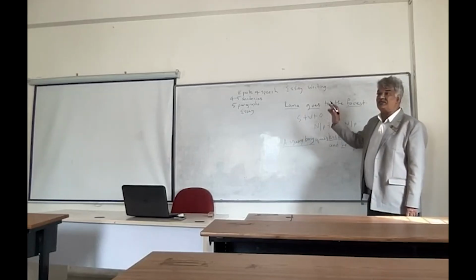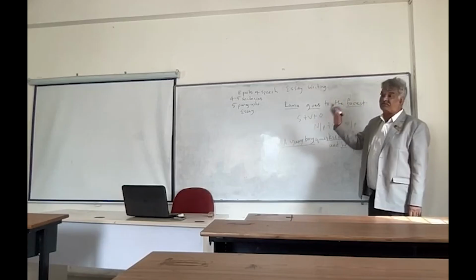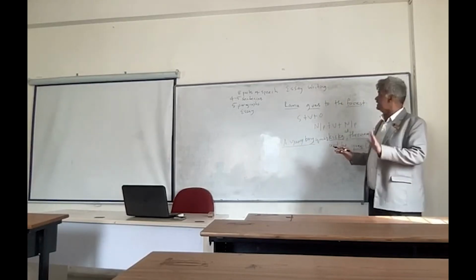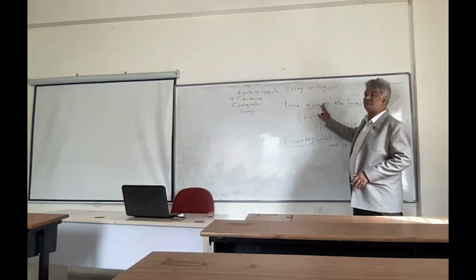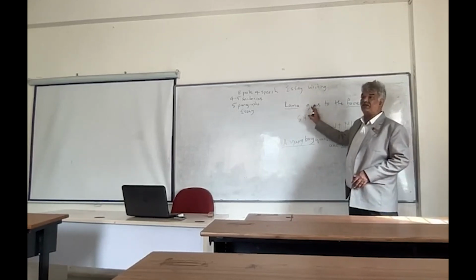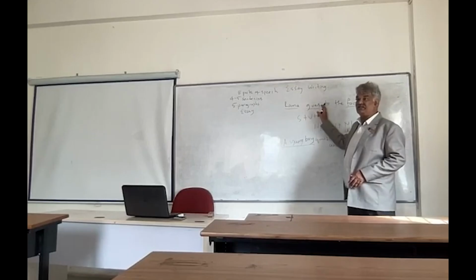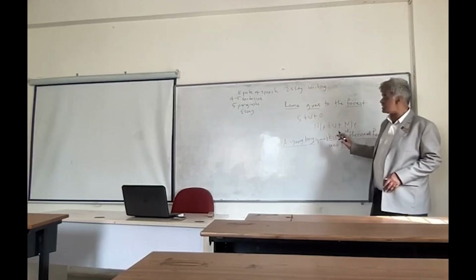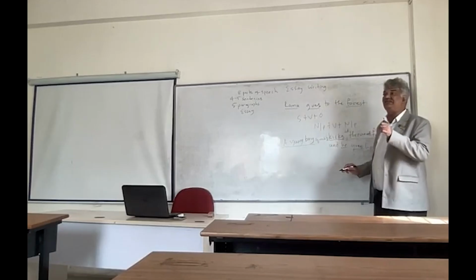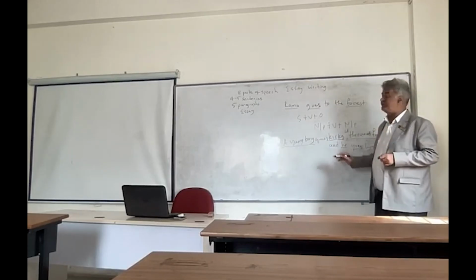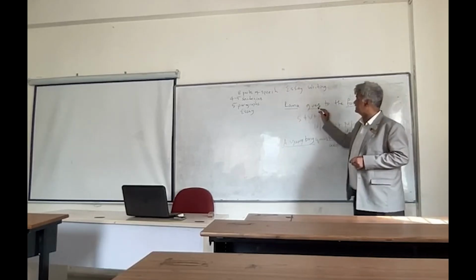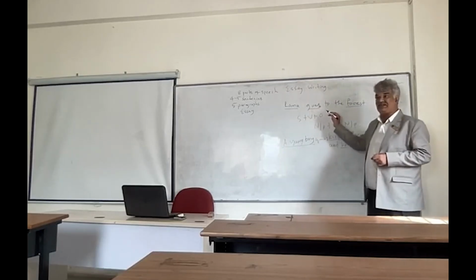Then it also includes subject-verb agreement. These are not small matters, right? If I say Rama go to the forest, it's different from saying Rama goes to the forest, right? So this S is the criterion in subject-verb agreement, whether the verb takes the S or not. If the subject is singular, the verb takes the S, right?